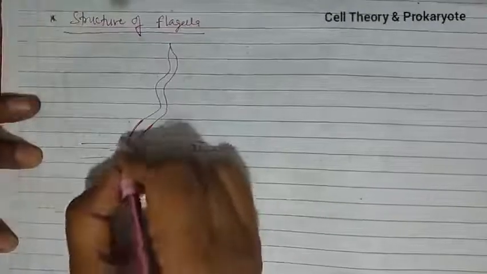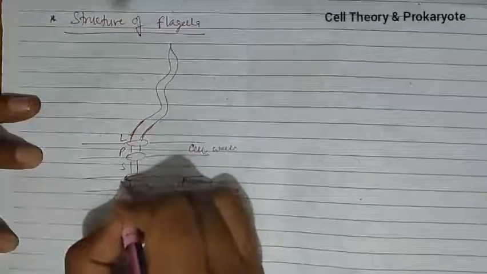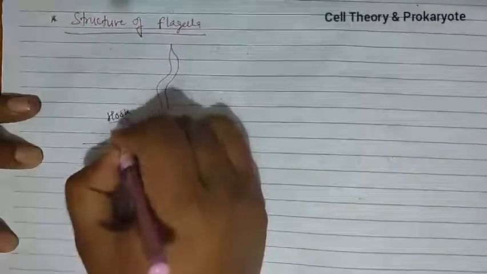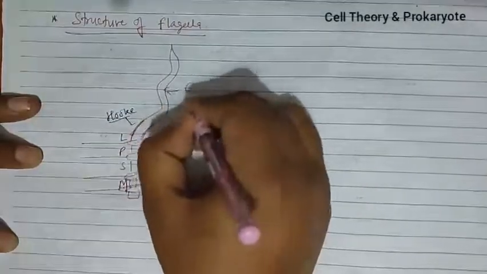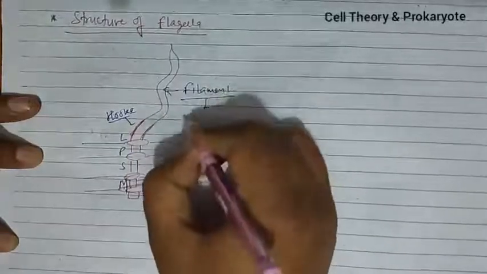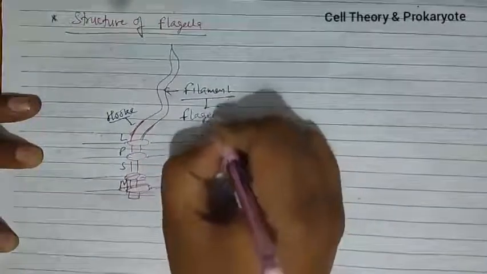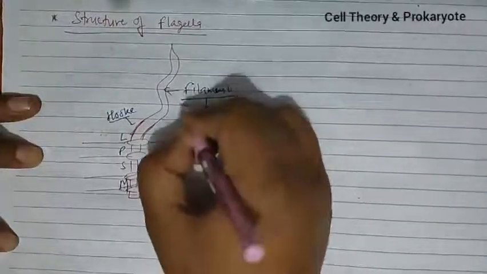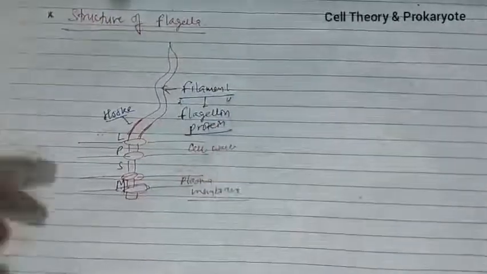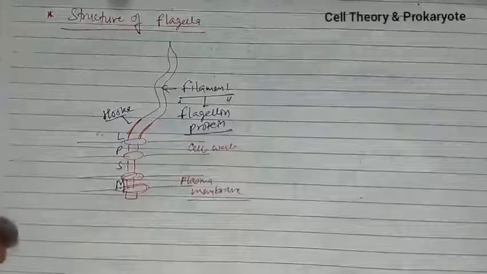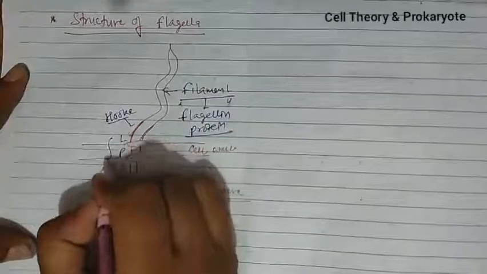They have these rings, which are named as the L, P, S, M rings. And this is the hook and this is the filament. Now the filament is made up of flagellin protein. We remember in case of prokaryotes, this filament is made up of flagellin protein.